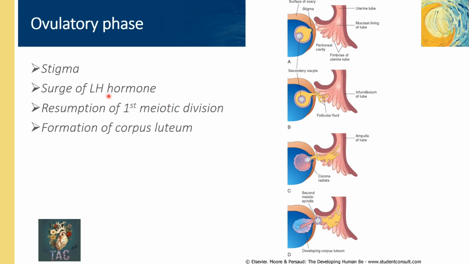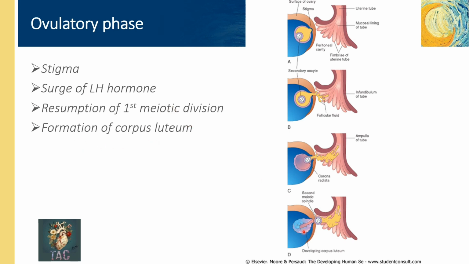Also important at this point is that under the effect of the LH hormone, there is resumption of the first meiotic division, and the secondary oocyte is formed, and the secondary oocyte starts its second meiotic division nearly 3 to 4 hours before the ovulation takes place, but its second meiotic division is again arrested at metaphase, and it will only be completed if fertilization occurs. Also an important point is that the remaining structure which is left over here will form the corpus luteum.